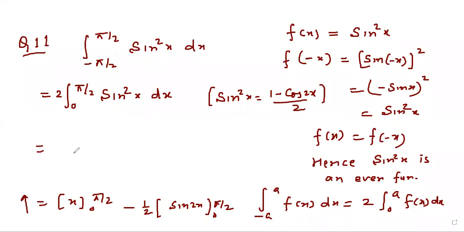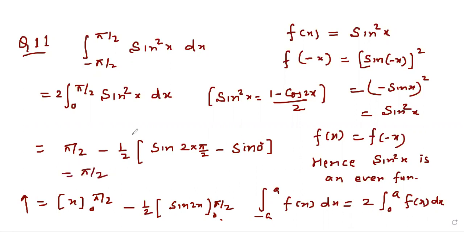So it will become pi by 2 minus 0, minus 1 by 2 times. When we put pi by 2 in place of x, it will become sine 2 times pi by 2, that is sine pi, and sine pi is 0. Then we put 0, so sine 0. In both cases, it will be 0. So our answer will be pi by 2.